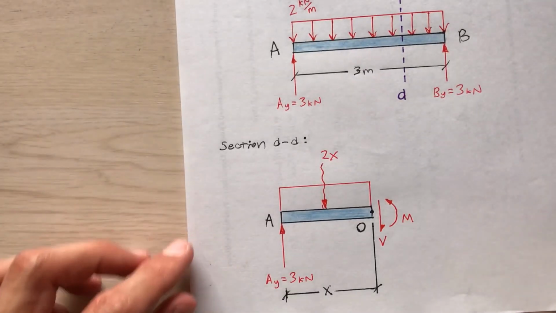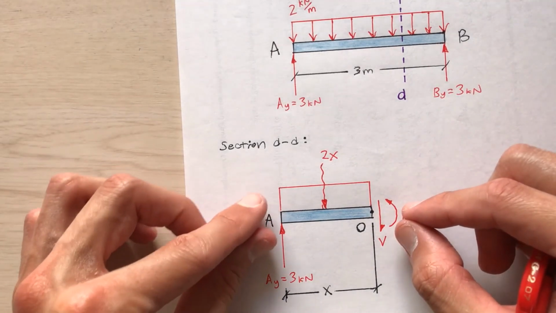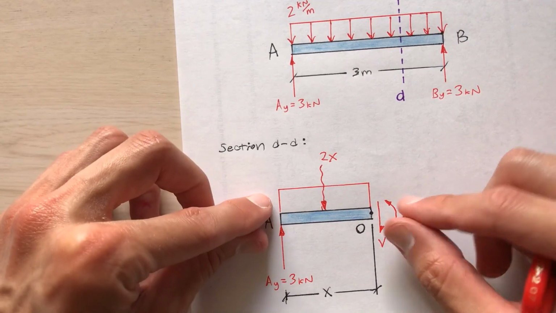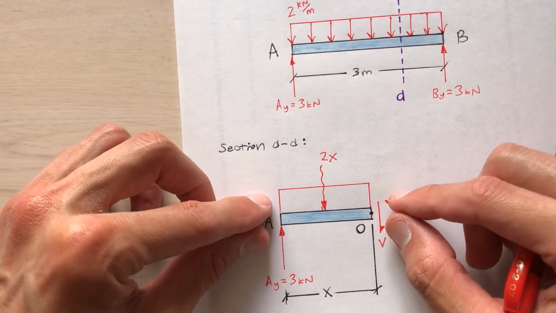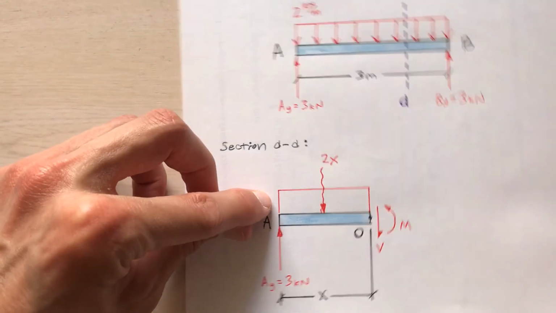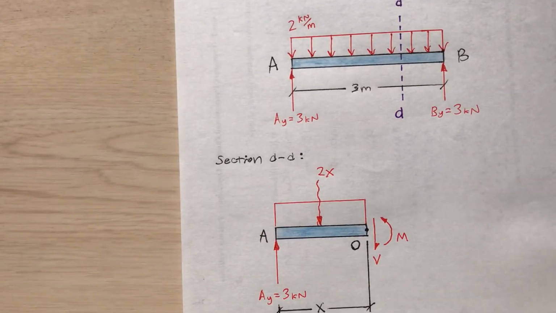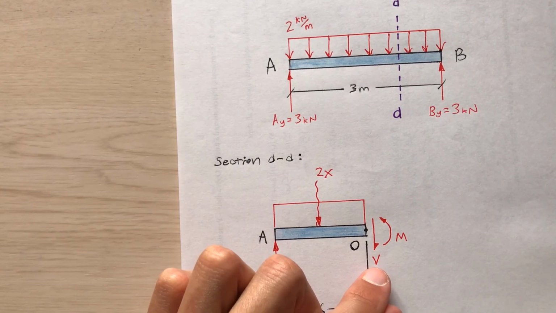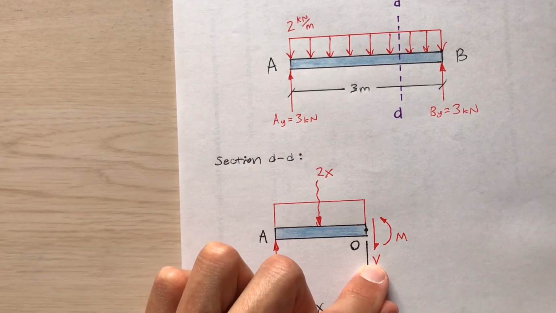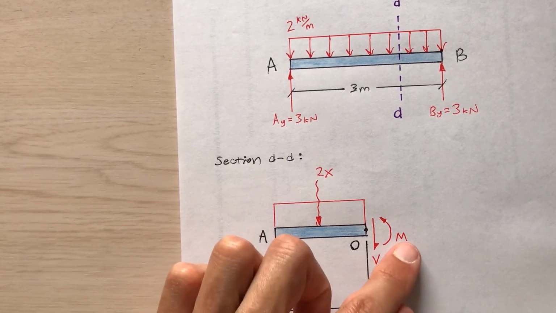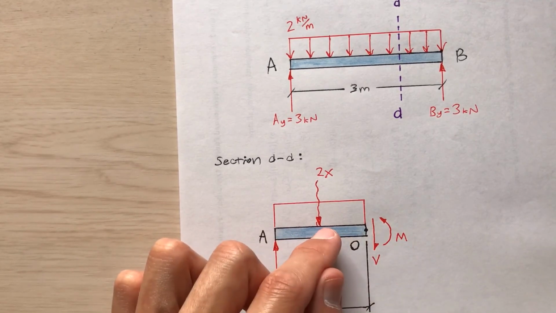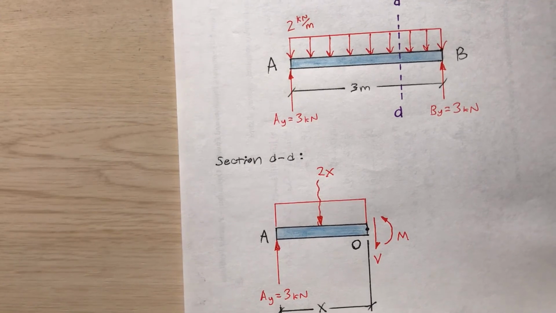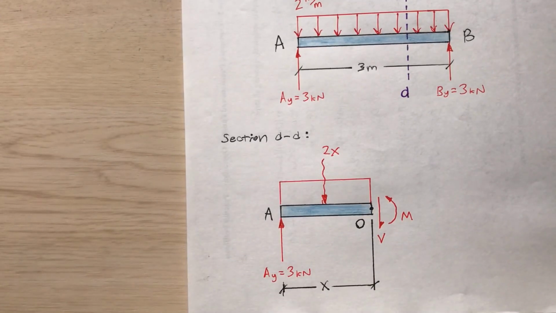I don't know if you can envision this, but if I had another moment on this side going in the clockwise direction, while this is going counterclockwise, it would tend to make this concave up. So I'll say it again. With the sign convention, a positive internal shear tends to rotate the segment clockwise, and positive internal moment tends to make the beam concave up, the deflected shape concave up. So that's the sign convention I'll follow.